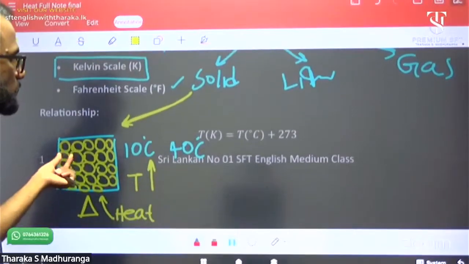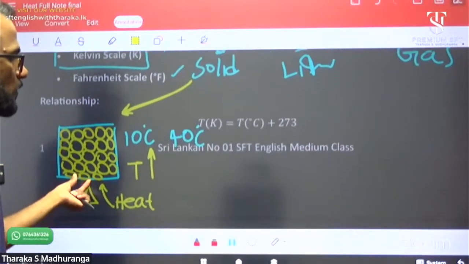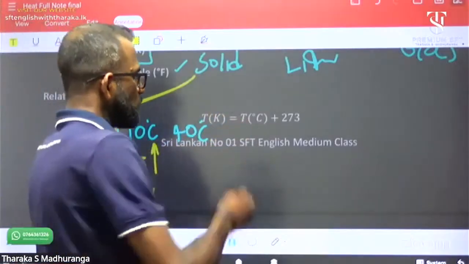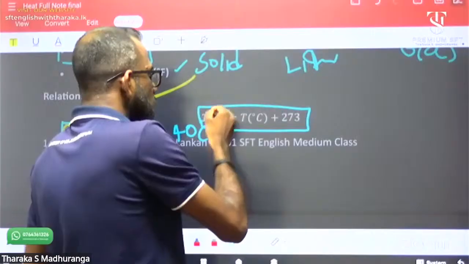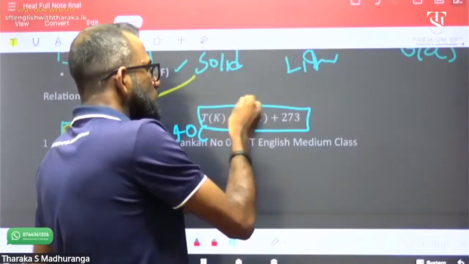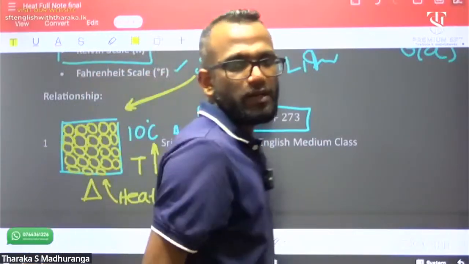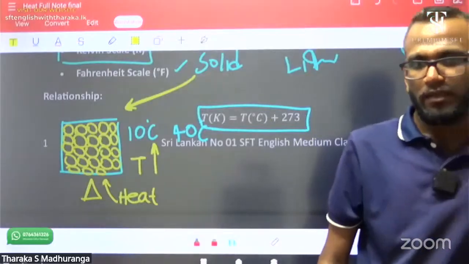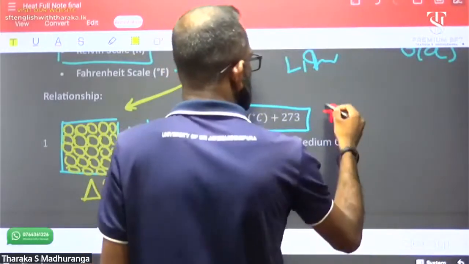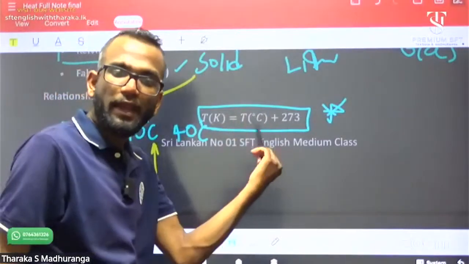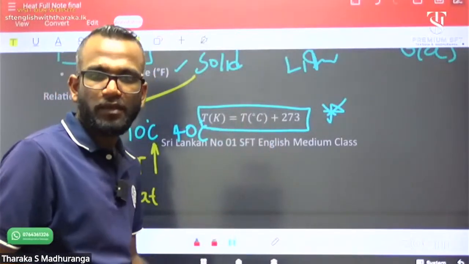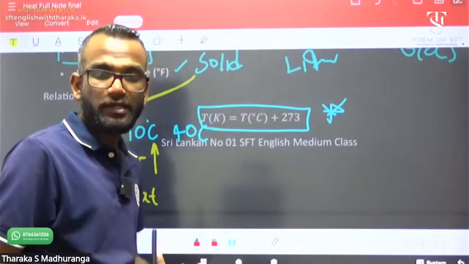The relationship is also given, but they are not asking normally. Kelvin temperature equals Celsius plus 273. That's for additional knowledge. Any Celsius you can convert into Kelvin by adding 273. You did that in O level, right?